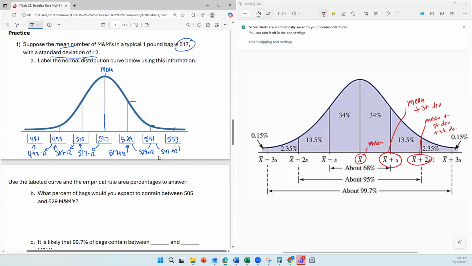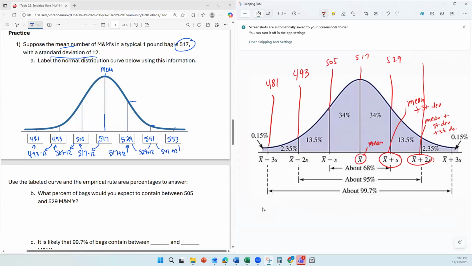I'm going to write these over here because I'm going to scroll down and I'm not going to have this anymore. So we had 481, 493, 505, 517, 529, 541, and 553.